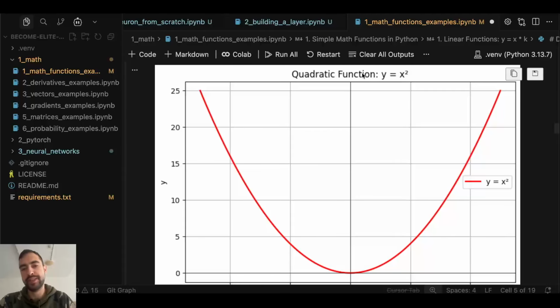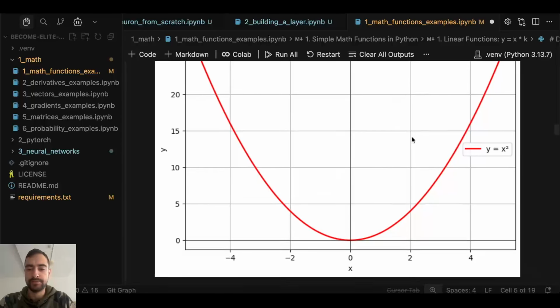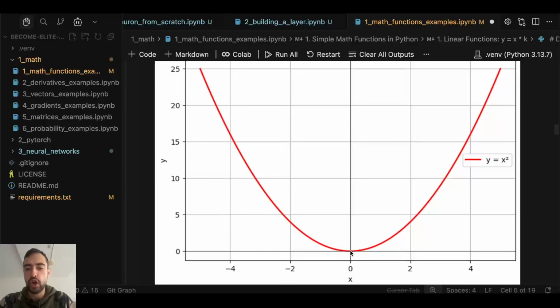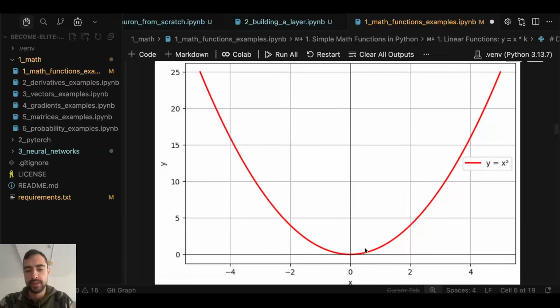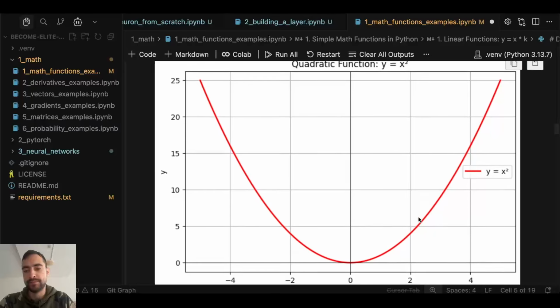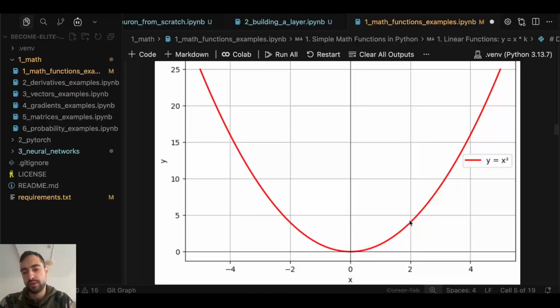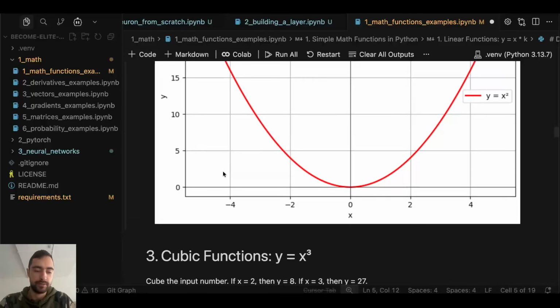Then there is the quadratic function, where y is equal to x squared. So as we go on x slowly, the y will become a lot bigger, it will start to accelerate. In the beginning, y doesn't grow so quickly, but later, when we go from 2 squared, 3 squared, 4 squared, 5 squared, the y starts to become a lot bigger, a lot faster.